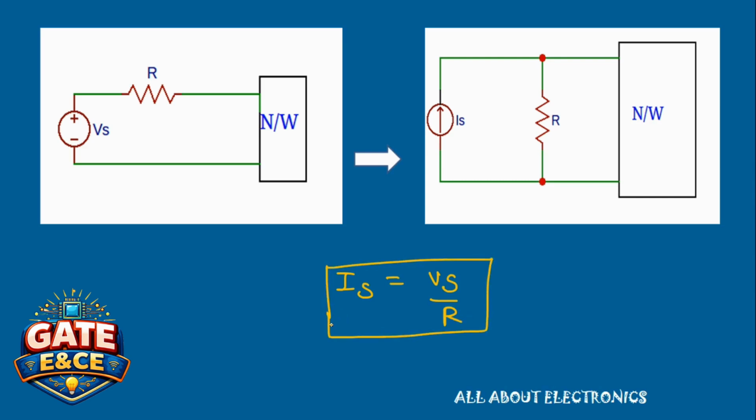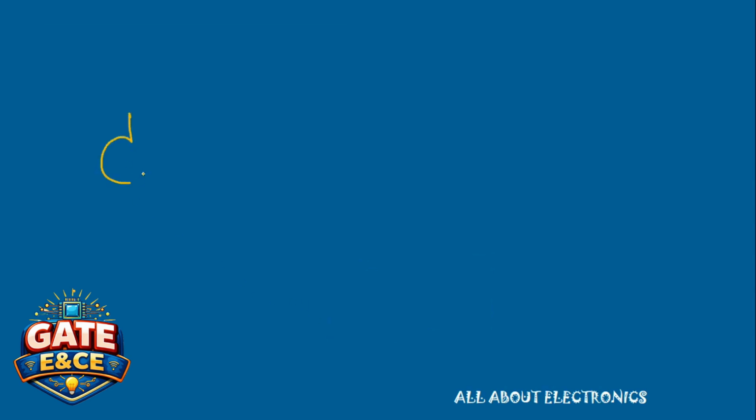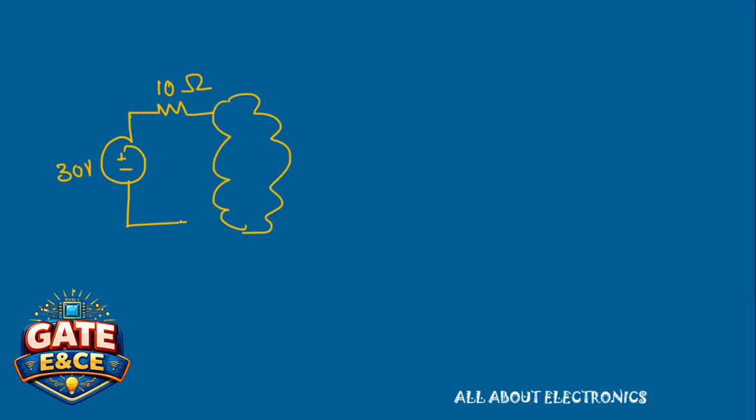So let's take one example. Let's say we have a 30 volt voltage source with resistance of 10 ohm in series that is connected to some network. So we can transform this voltage source into the current source with the same 10 ohm resistor in parallel with this current source.